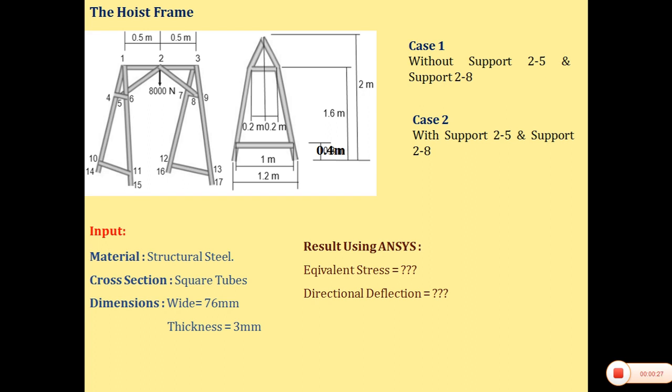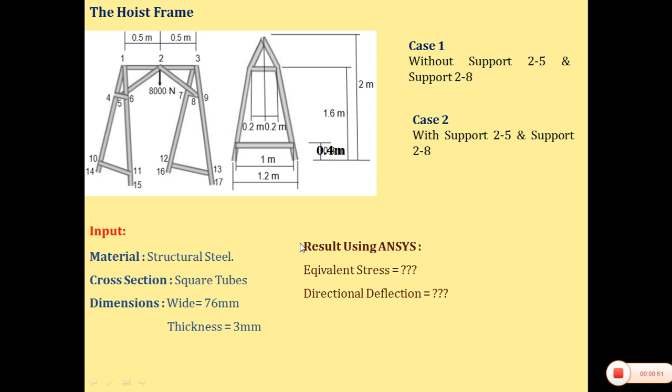The first case will be without supports 2.5 and 2.8, and in case number 2 we will consider supports 2.5 and 2.8. The input is given: the material is structural steel, the cross section is a square tube, the width is 76 mm and the thickness is 3 mm.